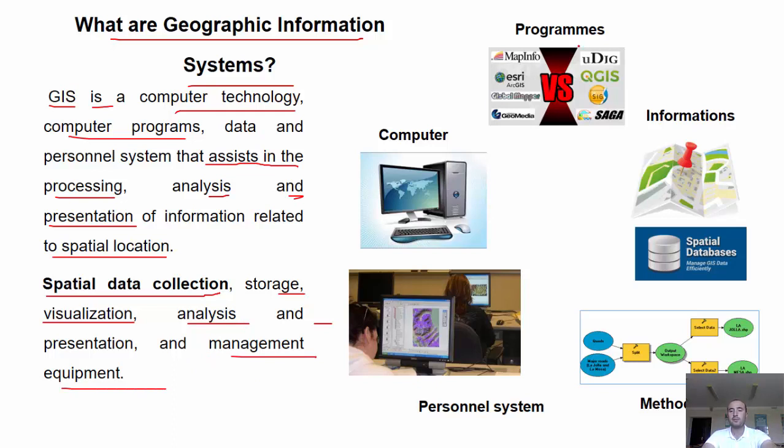And there are lots of pictures that show us a geographic information system, for example computer programs, information, spatial database, and the methods, as well as the personnel system.